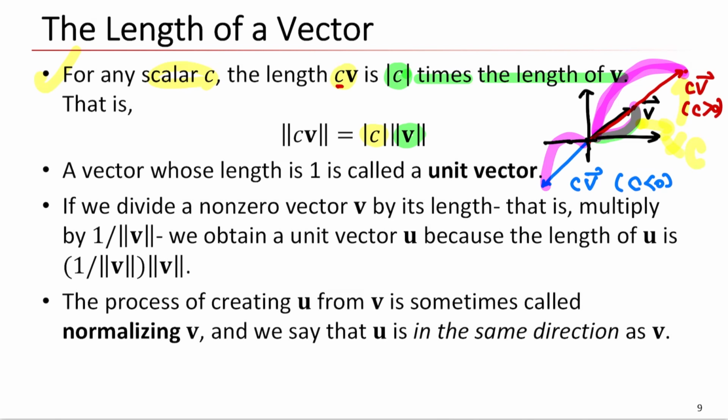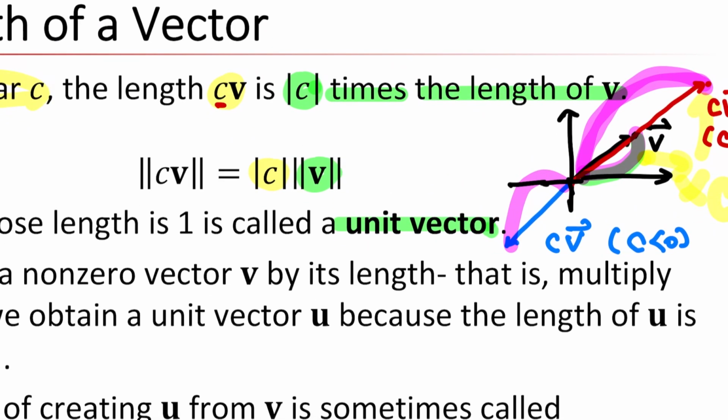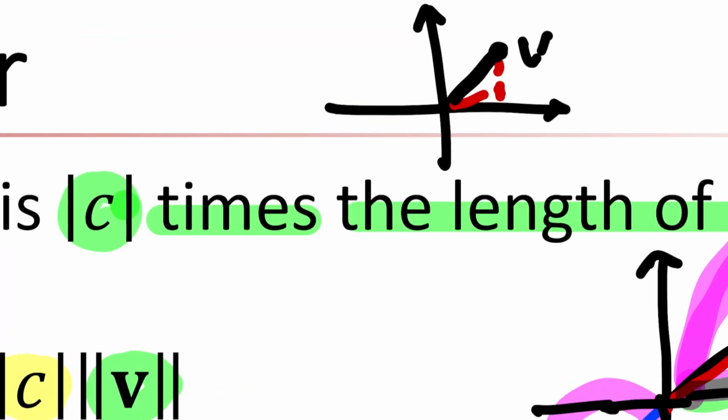A vector whose length is 1 is called a unit vector. Let's think about the two-dimensional case also. If we have the main vector v here, and the length of this v is 1, then this vector is called the unit vector, right? Is there any other vector that satisfies this? Yes. Where?